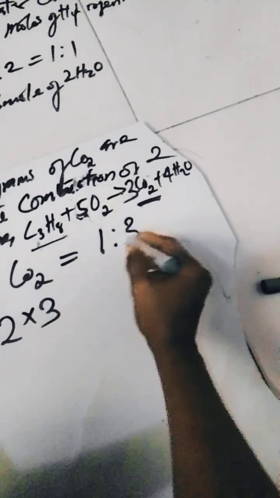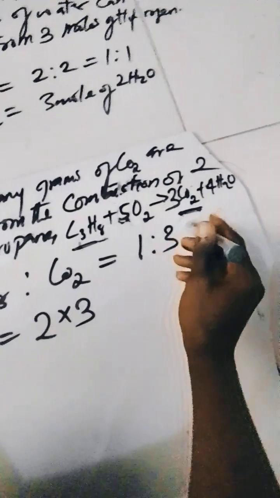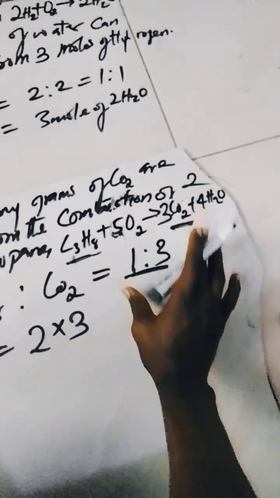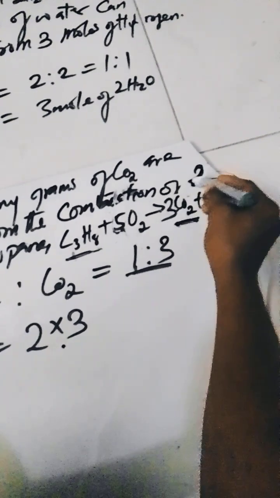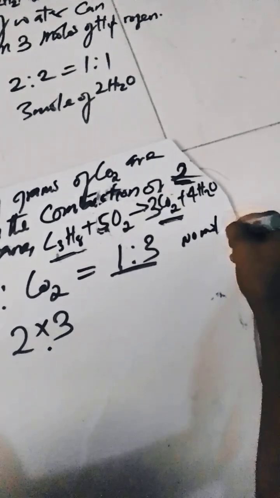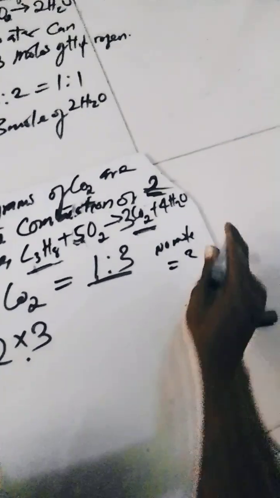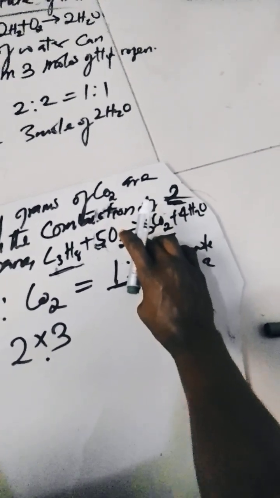We have that 1 from here against this 1, so 2 of this one, because this value here is the ratio value. So they say 2 moles of this is combusting with this. So if we have 2 moles here, the number of moles is 2, multiplying the number of available reactants.